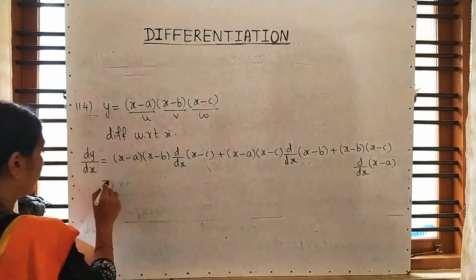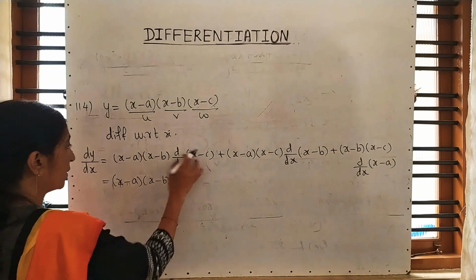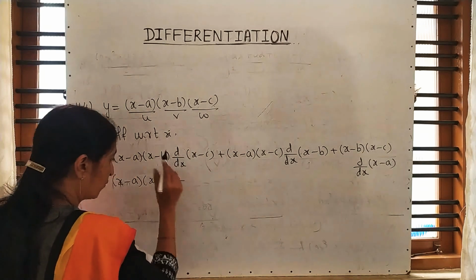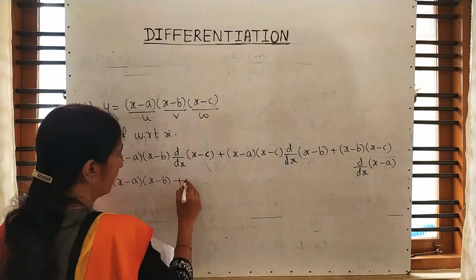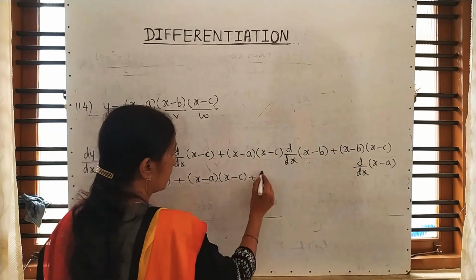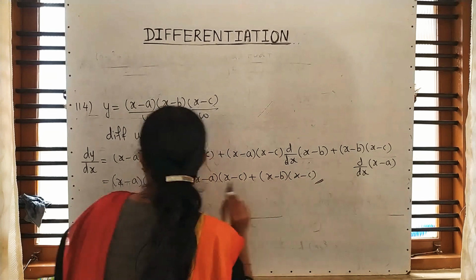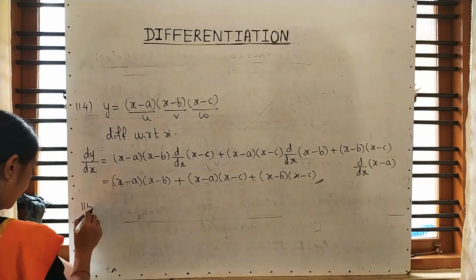These two are before differentiation. Differentiation of x is 1, no need to write that, and differentiation of c will be 0. If you want, you can remove the bracket.